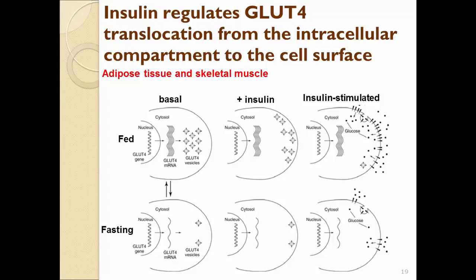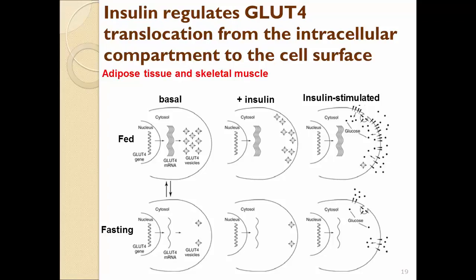You see the nucleus and the cytosol in the whole cells, right? Once GLUT4 protein is synthesized, the majority of GLUT4 proteins localize inside of cells. The small circles represent membrane vesicles, so the GLUT4 molecules are located on the small vesicles, right? Without insulin stimulation, the majority of GLUT4 vesicles are inside of cells.